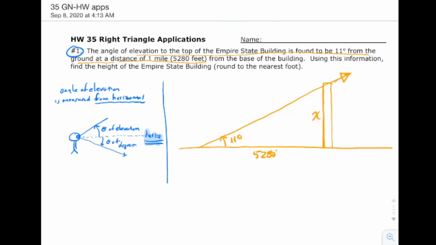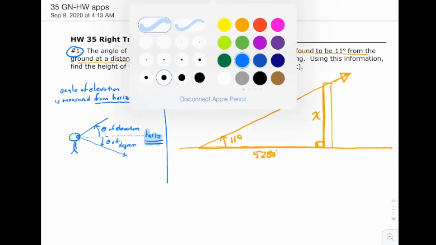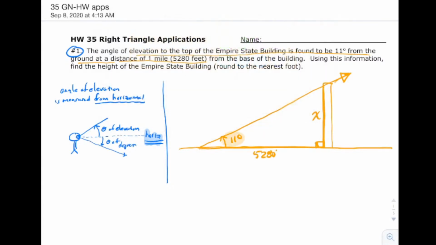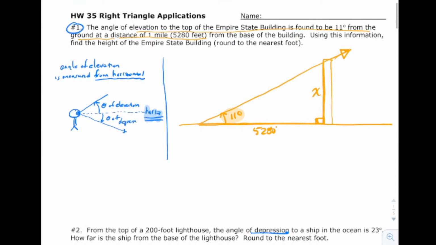Does that look like a familiar kind of situation? That's kind of like a right triangle thing, right? That's a 90-degree angle. The building's standing straight up. So we've got this side is 5,280. We want this side, and we know this angle. Cool. SOHCAHTOA is going to be perfect for this.